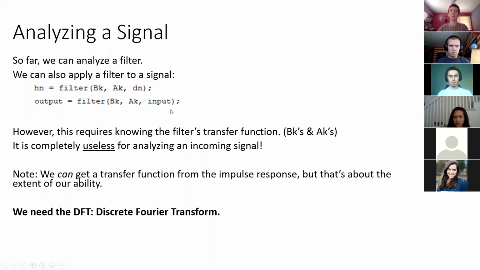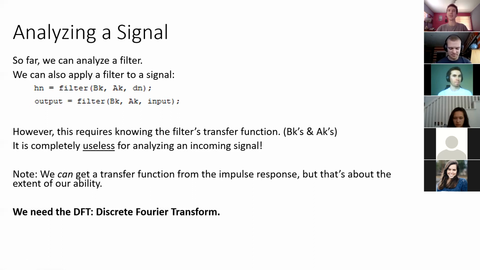And yes, you can get your output, but you do need to know the filter's transfer function. And it's not very useful for analyzing an incoming signal or just seeing what you output. We can get a transfer function from the impulse response, because that's how we characterized the transfer function of the system initially: we hit it with an impulse and see what response it gets.